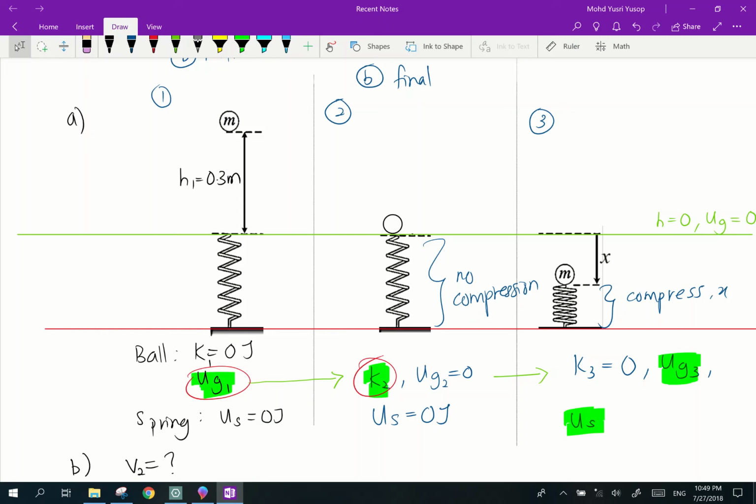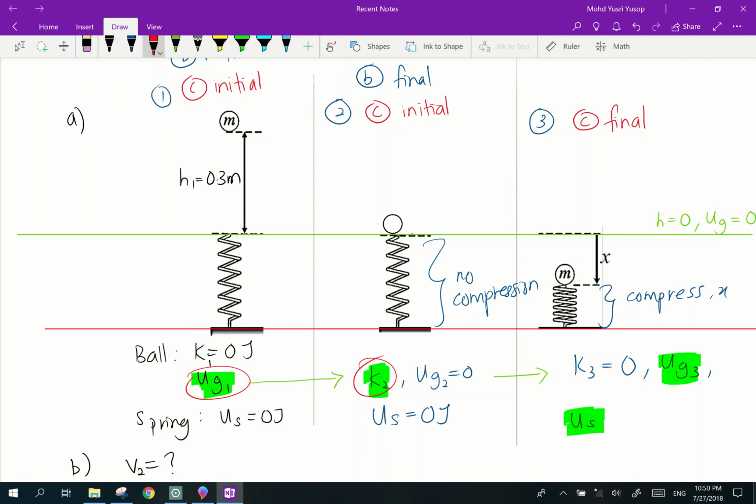Kita boleh pilih point yang pertama sebagai initial point. Untuk soalan C, point yang kedua juga boleh jadi initial. Tetapi sebabkan kita nak cari value X, maka point yang ketiga akan jadi final point bagi soalan C.